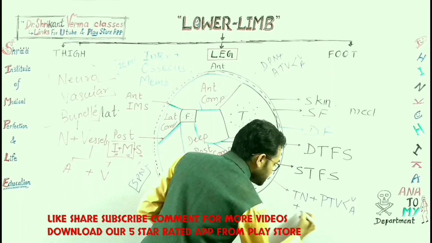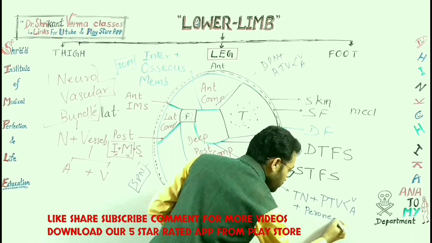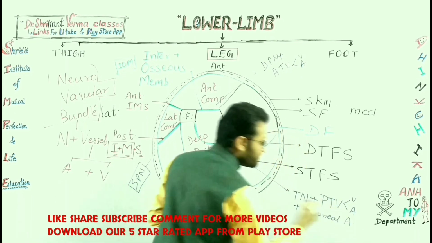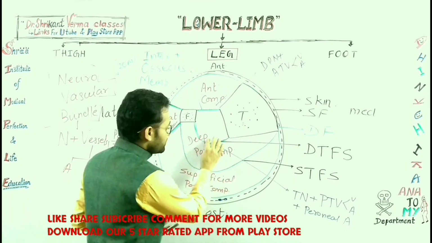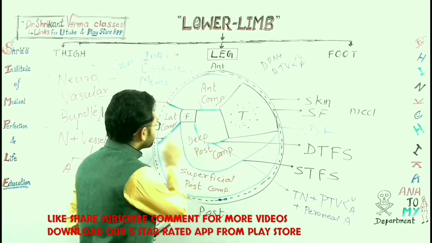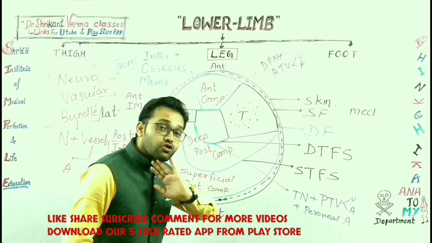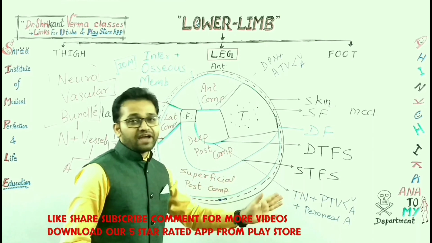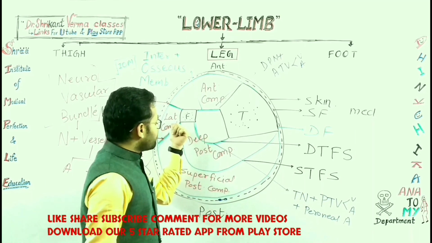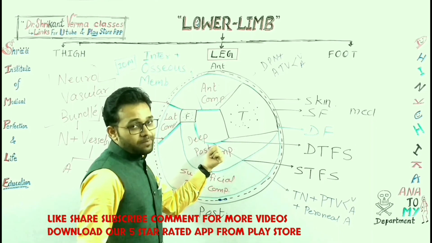Along with this, there are also the peroneal artery and veins. This peroneal artery and the veins also supply the lateral compartment. Again, the lateral compartment does not have any artery of its own, but it receives blood supply from the deep posterior compartment.